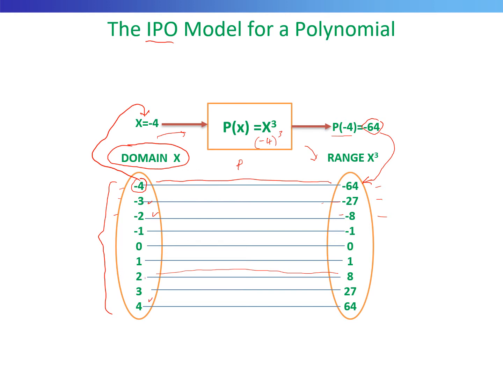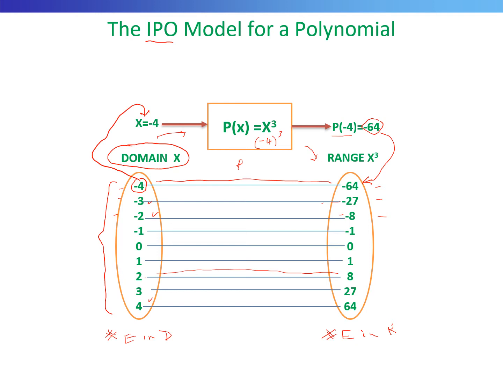What does that tell us? That tells us that the number of elements in the domain, which I'm going to symbolize with D, should be equal to the number of elements in the range, and I'm going to put R for range. So the number of elements in the domain must be equal to the number of elements in the range.